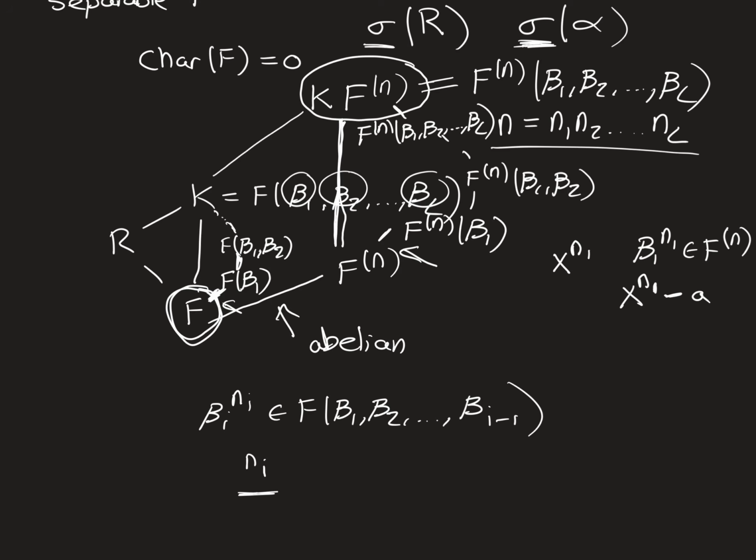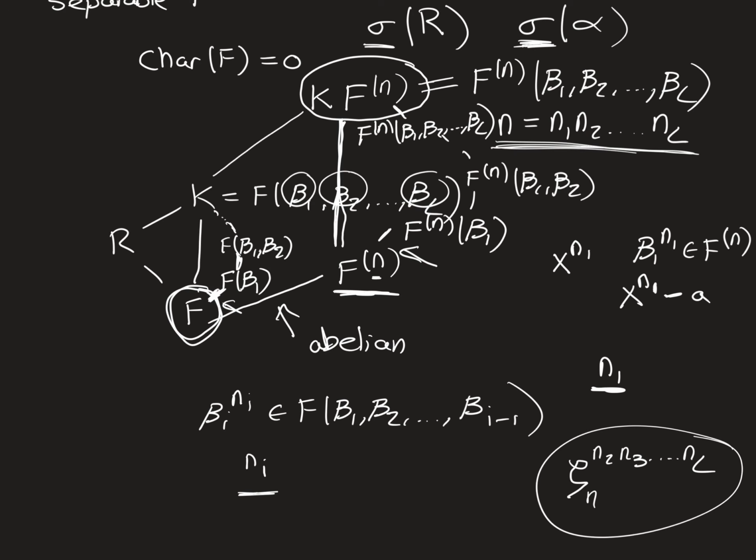And you're doing that onto a base field that contains a primitive n1th root of unity, because it contains a primitive nth root of unity, and n was constructed so that it had all of these ni's in. Just take the primitive nth root of unity, zeta n, and raise it to the power n2, n3, all the way up to nl.